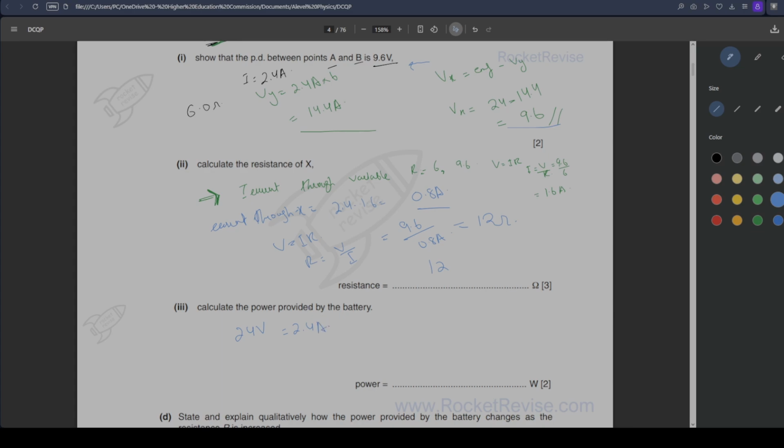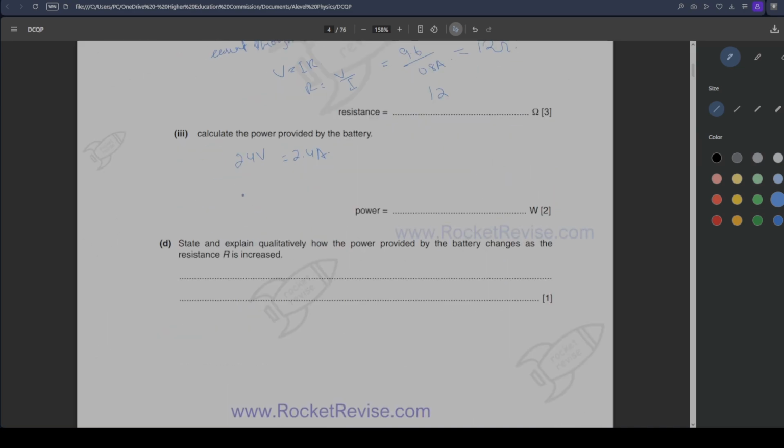So the total power provided by the battery is power equals VI. We're just going to multiply these together, 24 multiplied by 2.4. It's going to give us a value of 57.6 watts.